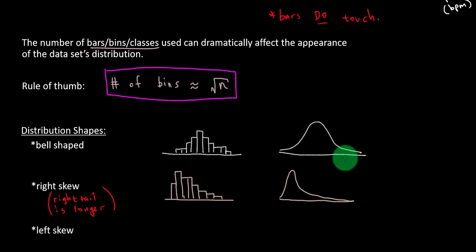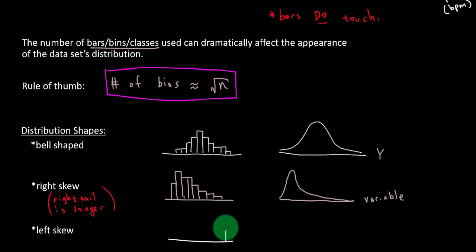And I'm being a little sloppy with my labeling here. This should be the name of your variable. I guess in general I could call it y, and we would have a vertical axis here labeled frequency, but hopefully this gets the point across. With a left skewed distribution, you can imagine, well, that is when the left tail is longer.